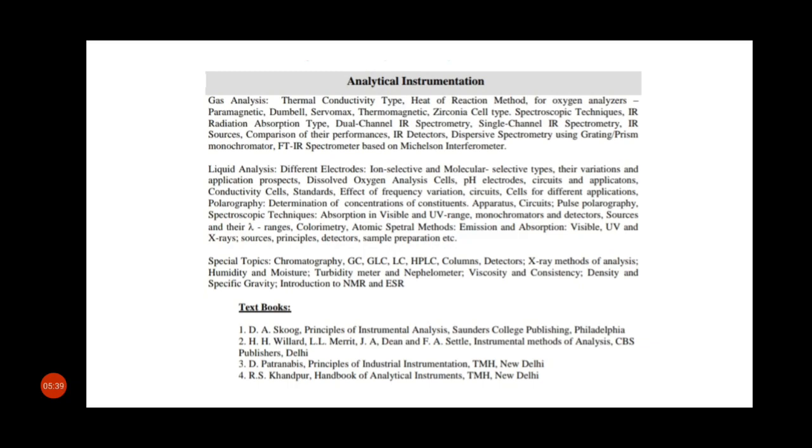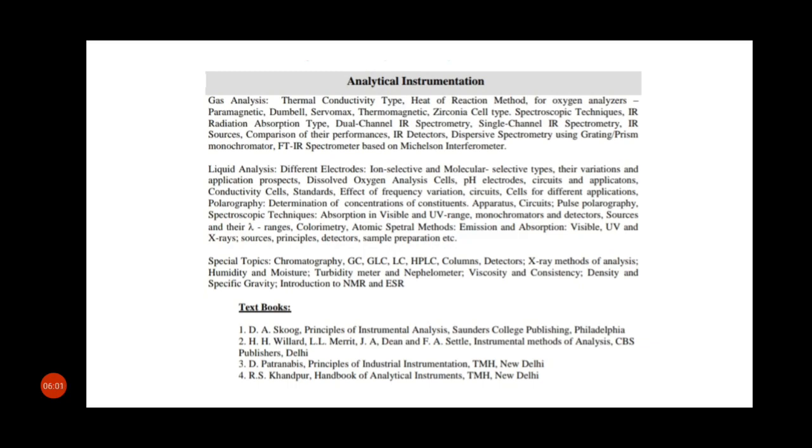Okay, now this is the syllabus of our analytical instrumentation. The first unit is gas analyzing. So in gas analyzing we will read thermal conductivity type, heat of reaction method for oxygen analyzer, paramagnetic dumbbell servomax, thermomagnetic zirconia cell type. Next, spectroscopic technique.